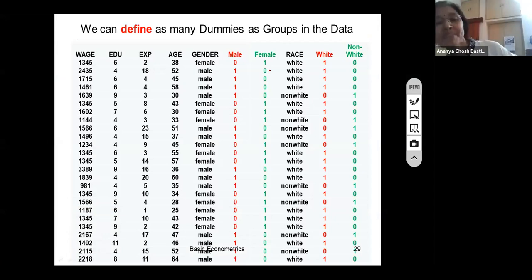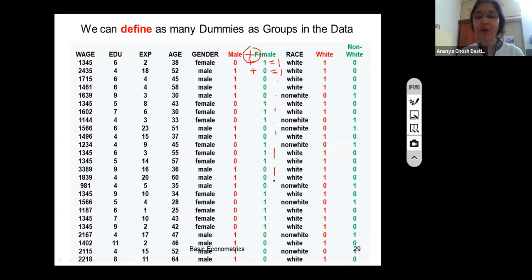What will happen? To see what will happen, just add male and female together. Add these two variables. What will you get? 0 plus 1 equal to 1. 1 plus 0 equal to 1. Do you see that if I add these two variables, then what I will get is a column of ones.